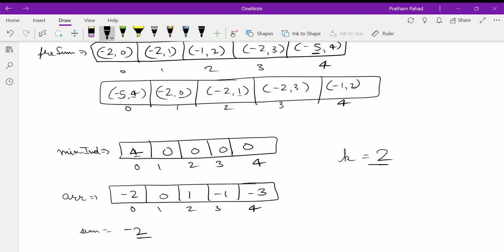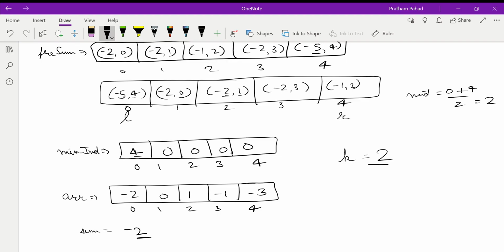Since the array is sorted, we'll do a binary search here, with a left and right. First we find the mid. Mid is 0 plus 4 by 2, which is 2. Check if the value is less than or equal to my sum.